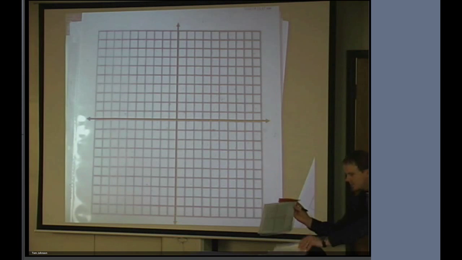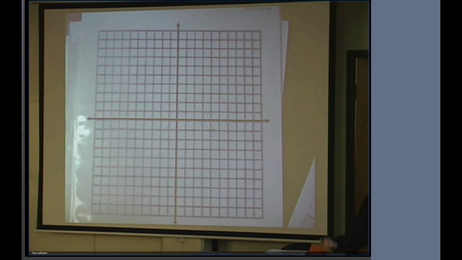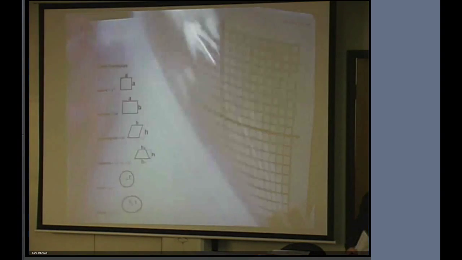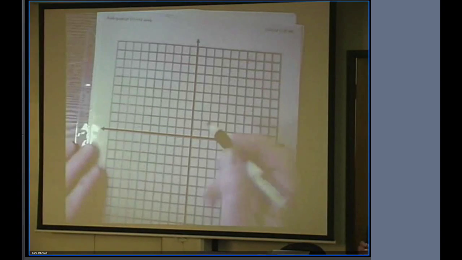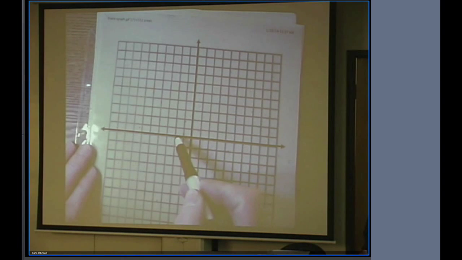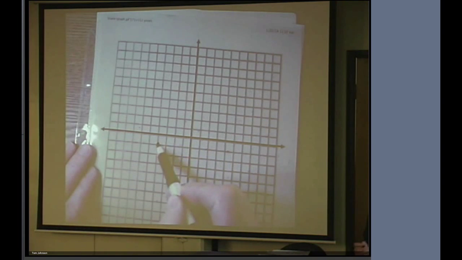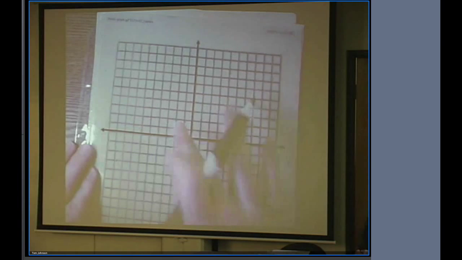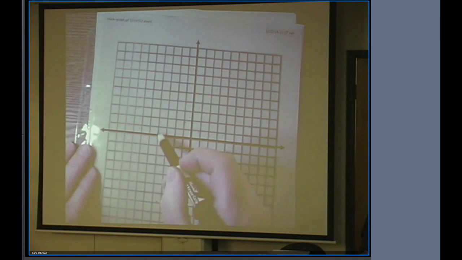I get rid of it. Notes are gone. Okay, so let's draw this. 4, 1. So 1, 2, 3, 4, 1. Oh, plus 1. Sorry, not negative. So 1, 2, 3, 4, plus 1.